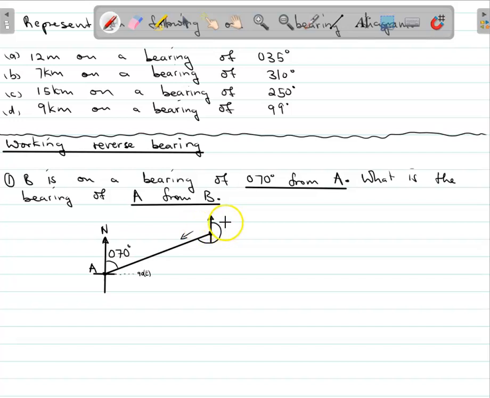So this is your point B. The question is saying, what is the bearing of A from B? So what we do in this case is bring in the concept of parallel lines.